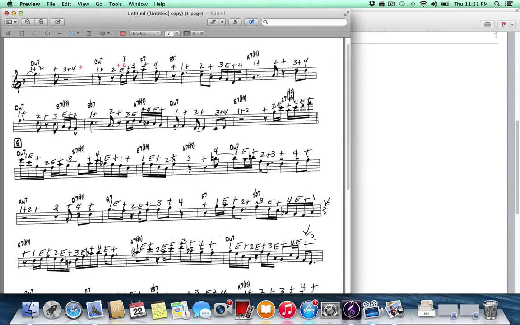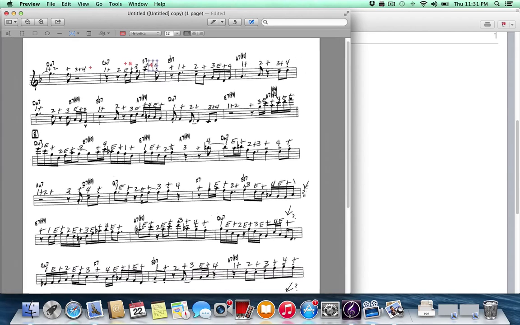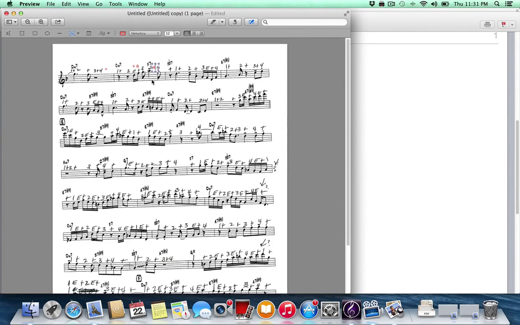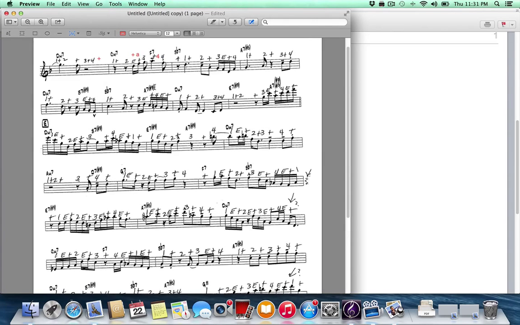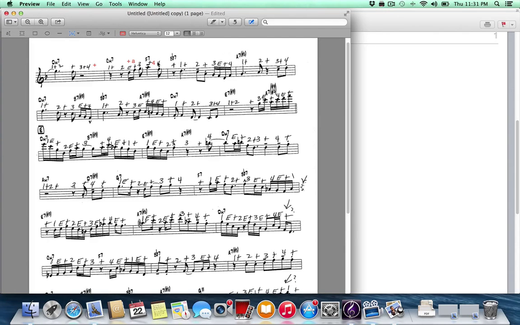Okay? So, let me move that. 1 and 2 and. This is 3 and, but it's also 4. This is and 4. Okay, so we need a number 4 there. And this is not 4, but this is and.